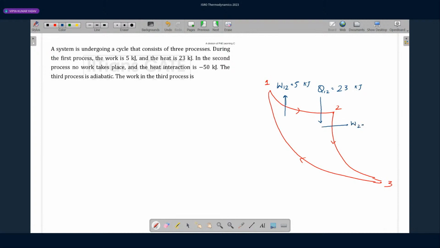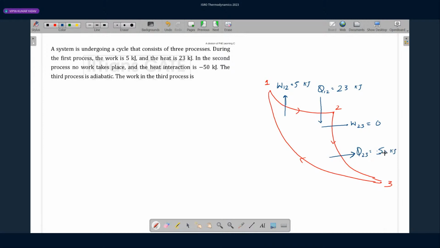So work 2 to 3 is 0, and the heat interaction is minus 50. That means minus means it is going out. Q2 to 3 is equal to minus 50. Now, if I have taken it outside, I don't have to write minus here because I have shown it going outside, so 50 kilojoule.